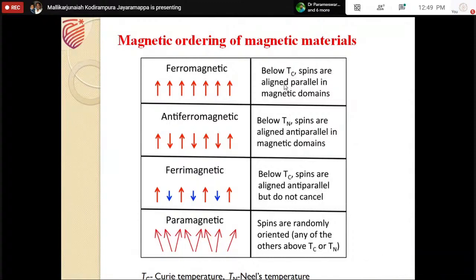Below the transition temperature, when spins are aligned parallel in the magnetic domain, we call them ferromagnetic systems. And when spins are aligned anti-parallel, we call it an antiferromagnetic system. All of us are aware of the Curie temperature and Néel temperature, above which they behave differently.